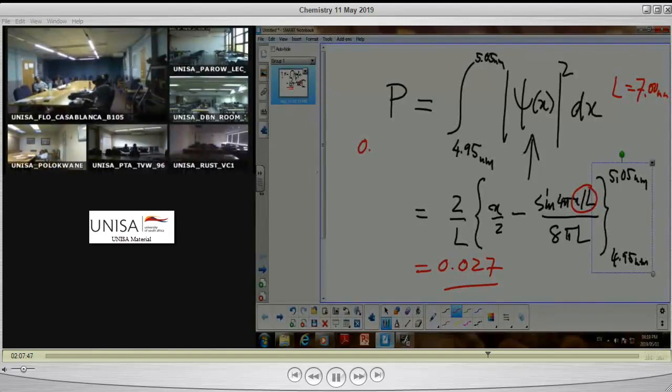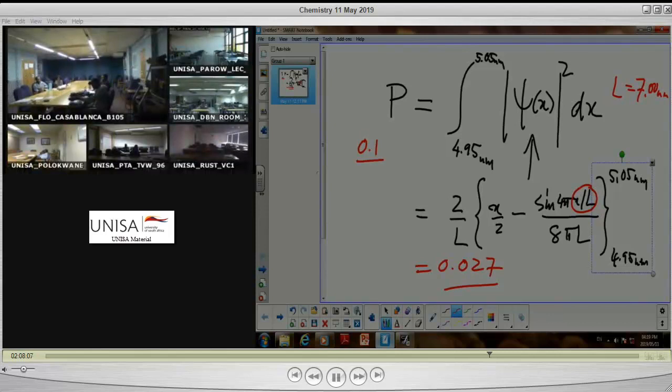But look at the probability of 10%. That's 10%, isn't it? It's supposed to be 1. No, not 10%.